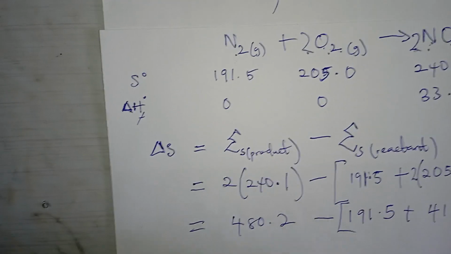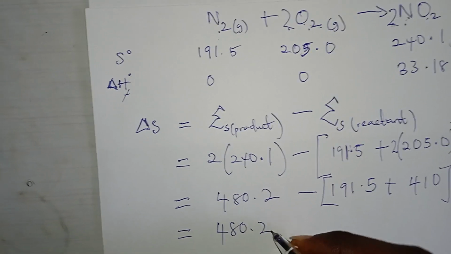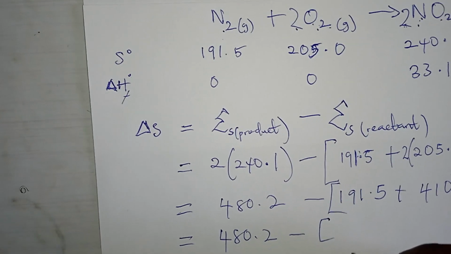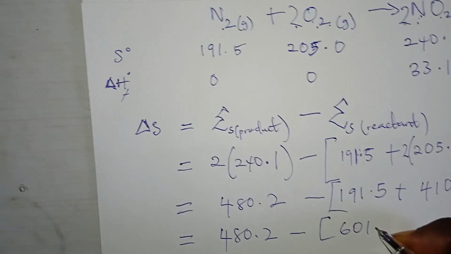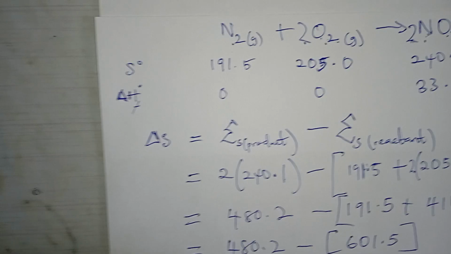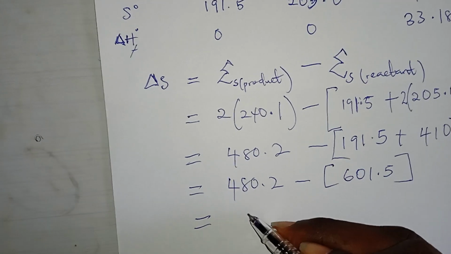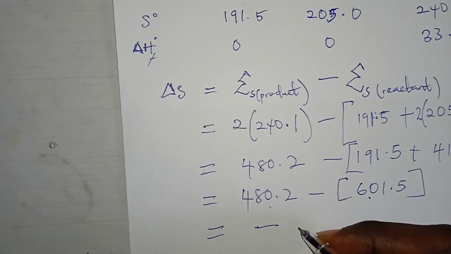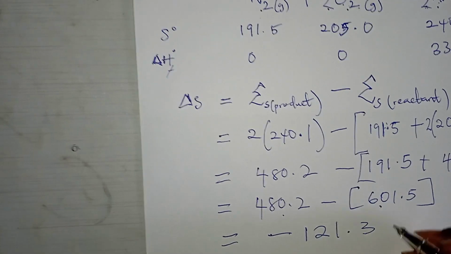You have your calculator, punch yours. So this is going to give you 480.2 minus 601.5. Punch your own. So when I do this very well, this value is greater than this, so it is minus. So that is for entropy.